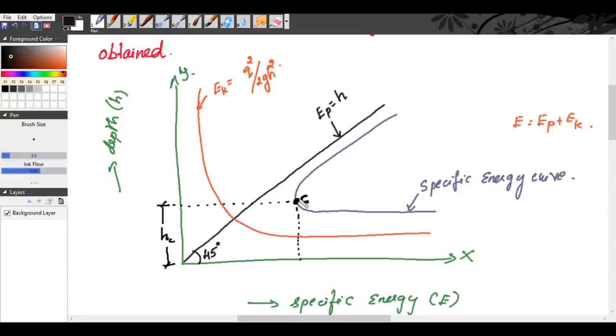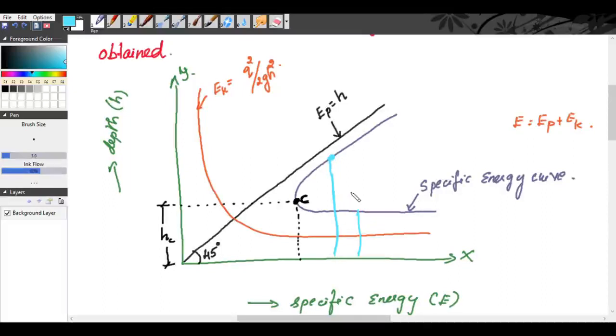At this minimum specific energy, we will have only one depth called critical depth, that is equal to Hc. If you take any other point, there will be two depths, right? One depth is this, another depth is this.